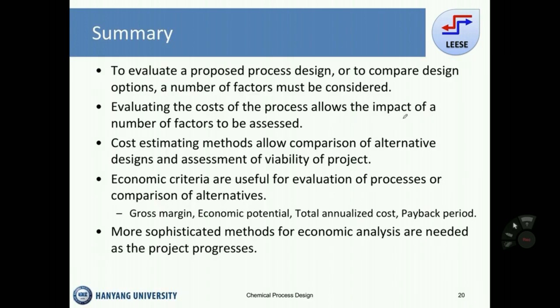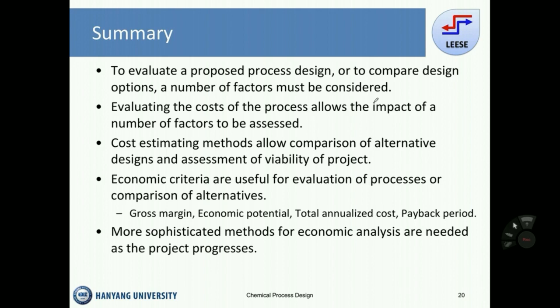This is a summary of chapter 2. We have different issues for checking the profitability of the process, but once we have the design, we need to look at the capital cost and the operation cost. Then using the economic criteria, profitability should be evaluated and checked. The economic analysis is quite important.